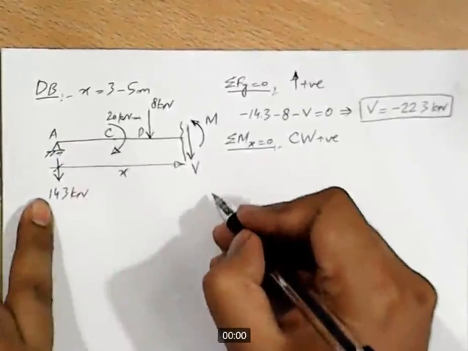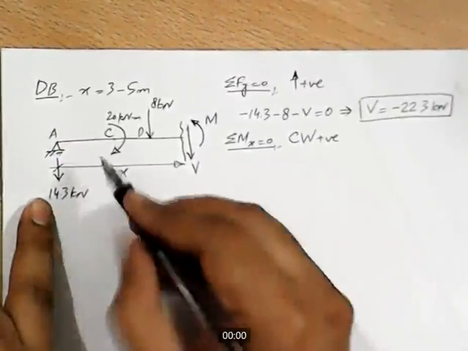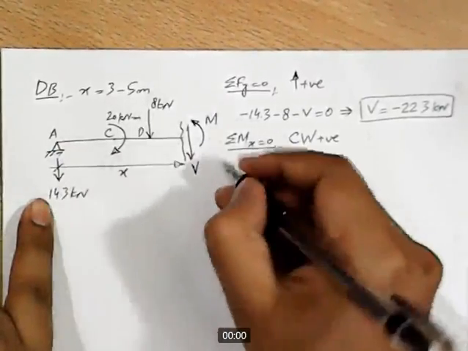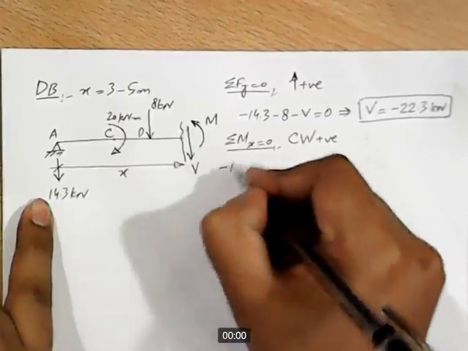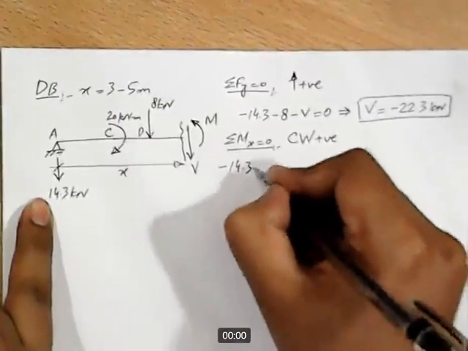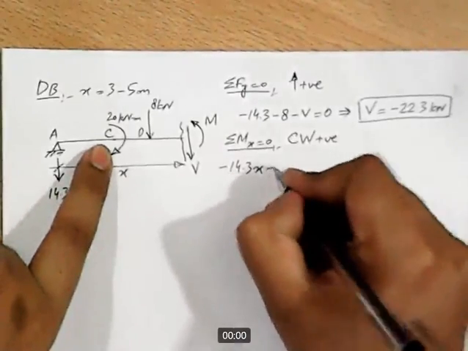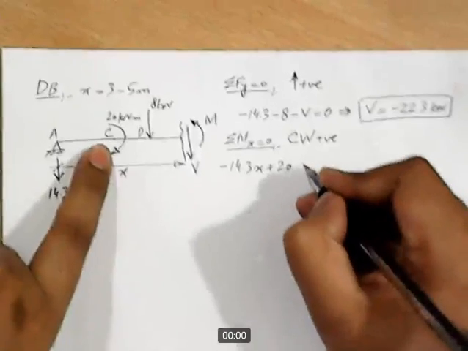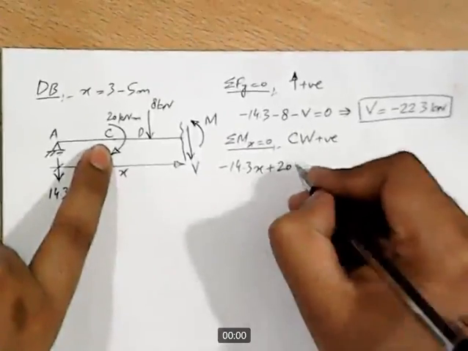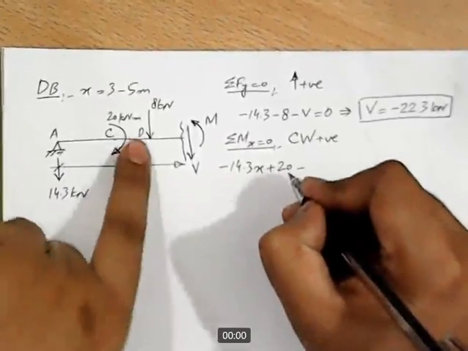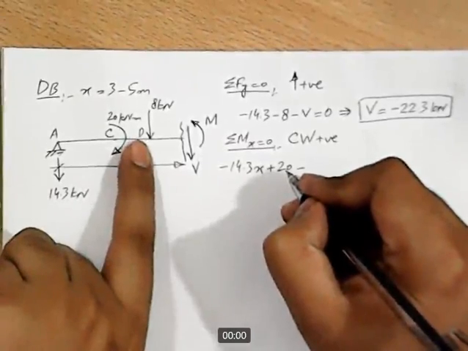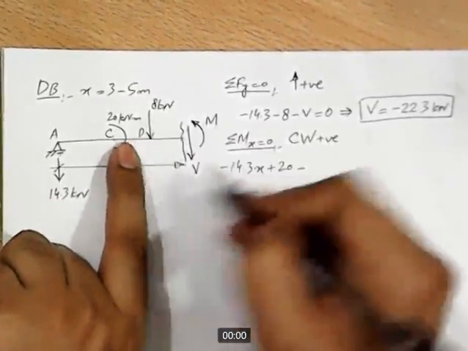Starting from this point, 14.3 kilonewton is producing moment in counterclockwise direction. So minus 14.3 into x, then we have this moment in clockwise direction, so it will be positive 20 kilonewton meter, and then this 8 kilonewton force producing a moment in counterclockwise direction.